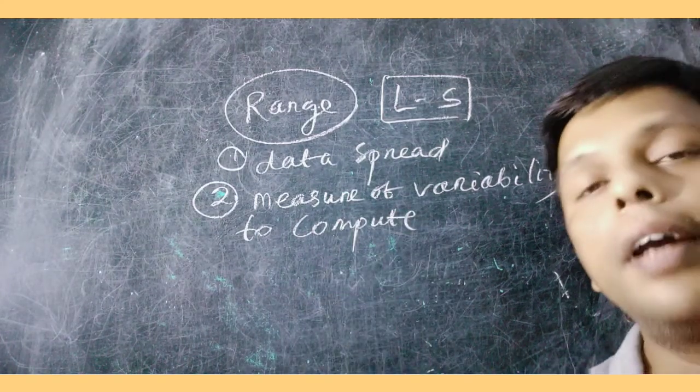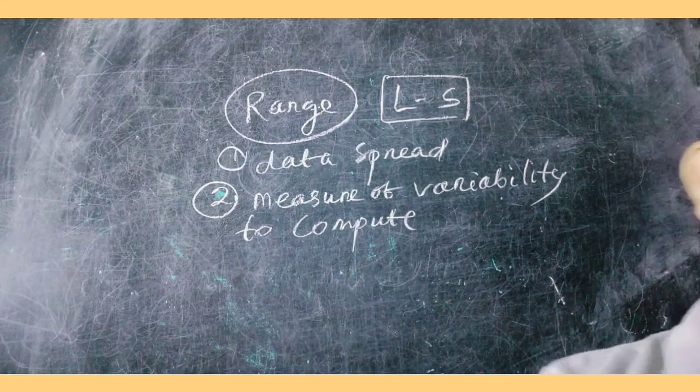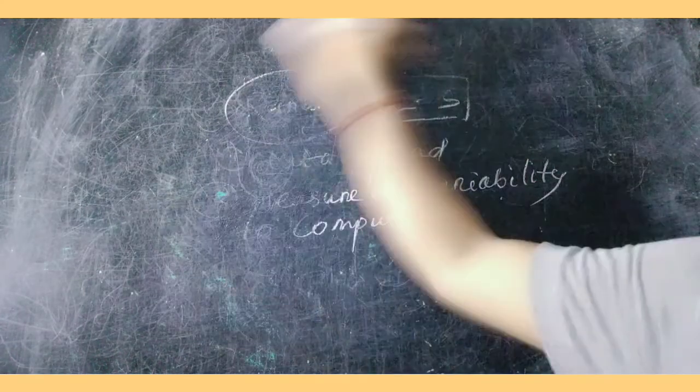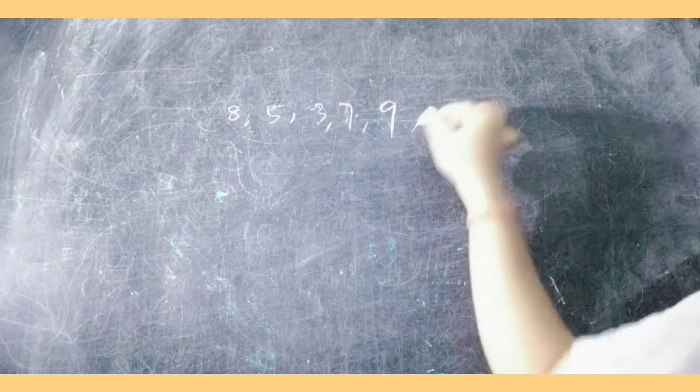Then we come to the calculation of range. Suppose there is some data; whatever it may be, it is similar for class interval, for discrete series, for normal series. Suppose this is the data: 8, 5, 3, 7, 9, 12.